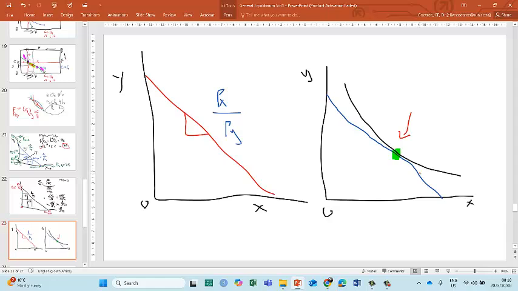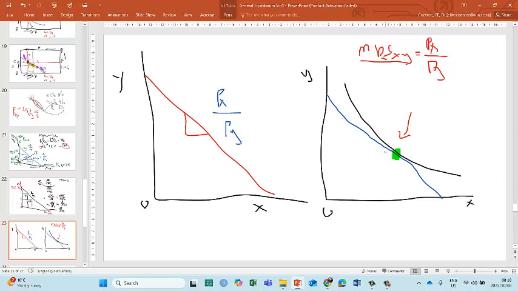Anyway, what we're saying is that this point here is where this specific individual is in equilibrium, where the marginal rate of substitution of x for y is equal to the price of x over the price of y. Because remember, the slope of the indifference curve is the marginal rate of substitution, and the slope of the budget constraint, as we showed, is the price of x over the price of y.